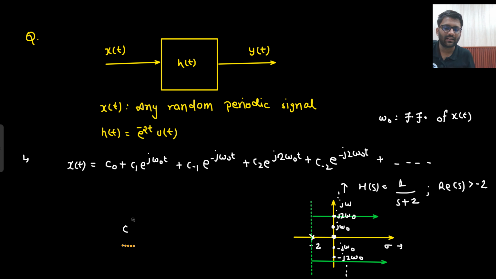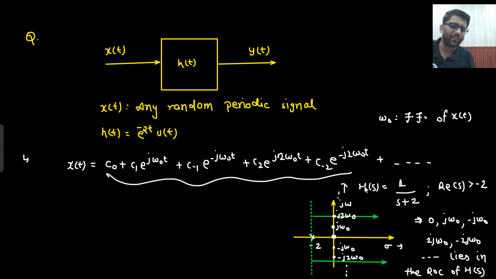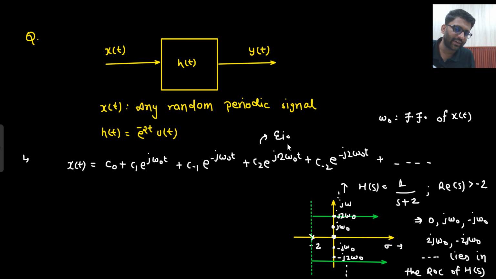What I mean to say is that 0, j omega naught, minus j omega naught, j 2 omega naught, minus j 2 omega naught, and so on lie in the ROC of h of s. What does that mean? All these will become eigenfunctions of the LTI system.